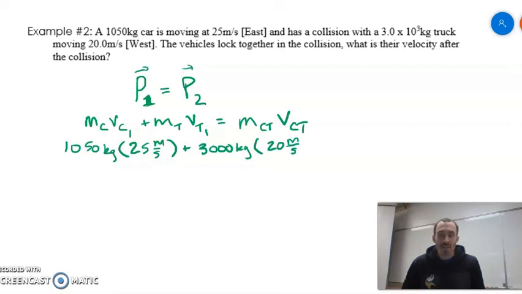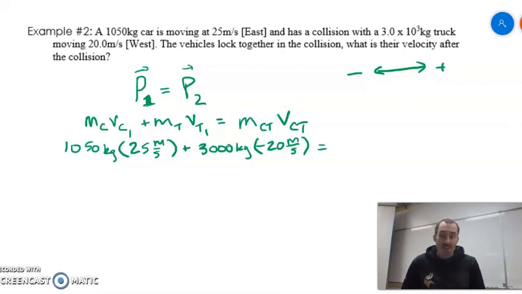So let's make this one negative, though it doesn't matter, you can do whatever you want. Now that I've named the 20 meters per second negative, that means west is the negative direction, east is the positive direction. Again, it doesn't matter, as long as you're consistent in your calculation.